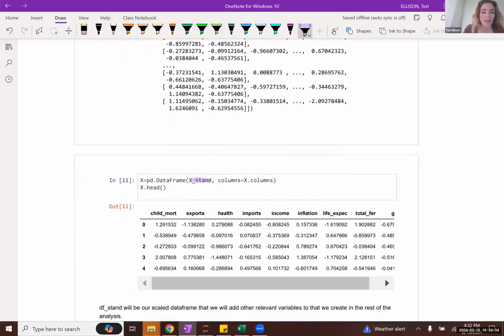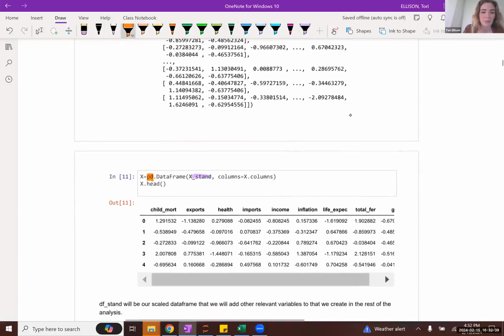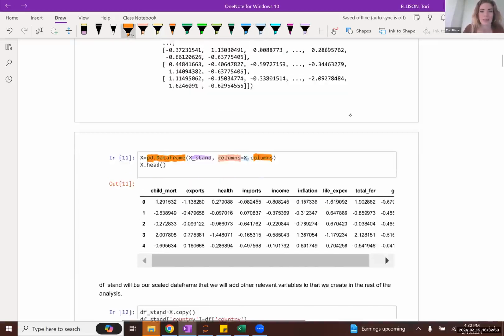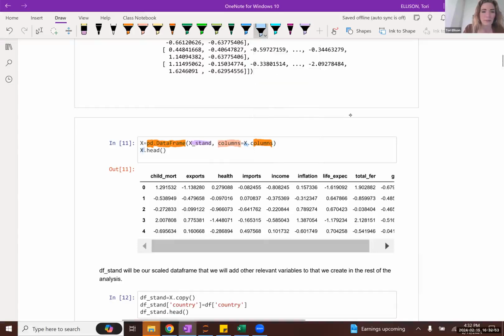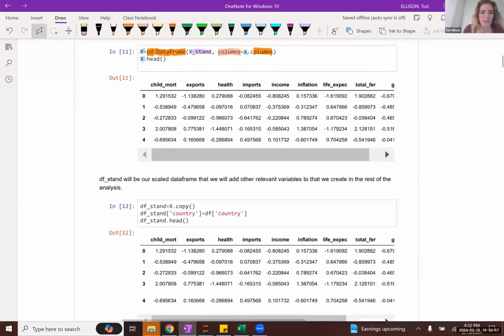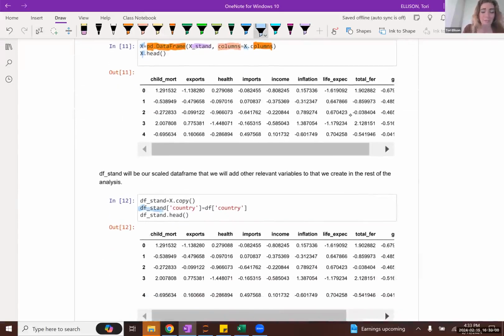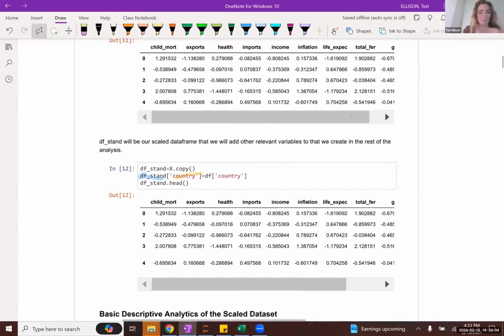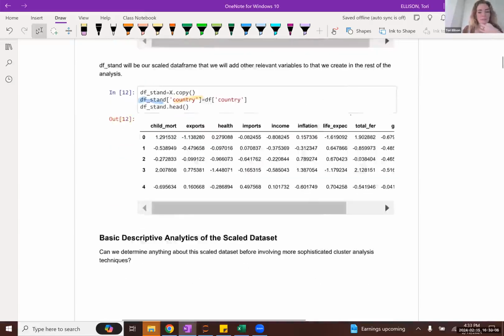I like to deal with pandas data frames for the most part, so I will put that NumPy array back into a pandas data frame and give it the same column names that I had before. This is my overwritten scaled pandas data frame. And I might decide to re-add the country variable back to this data frame.